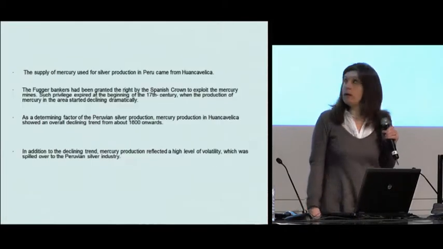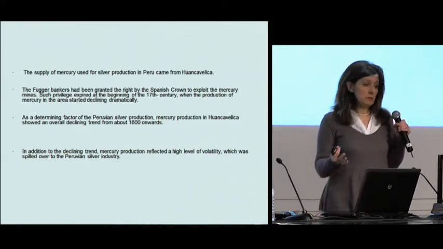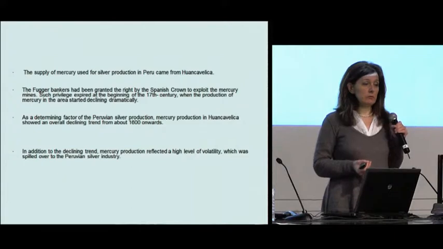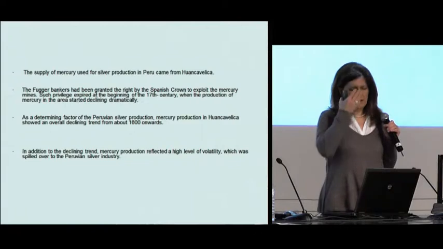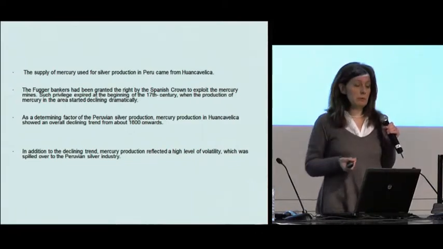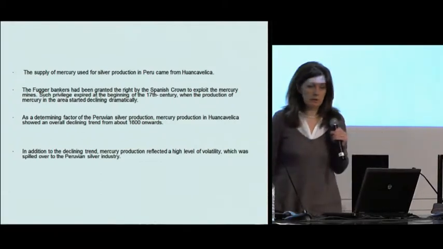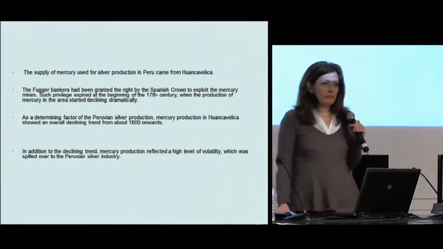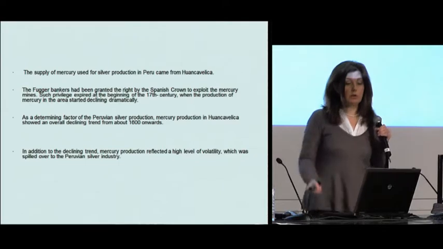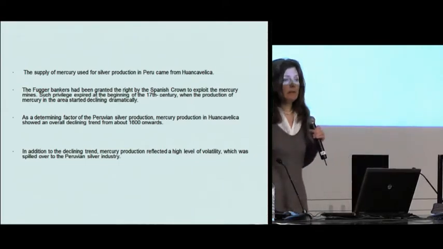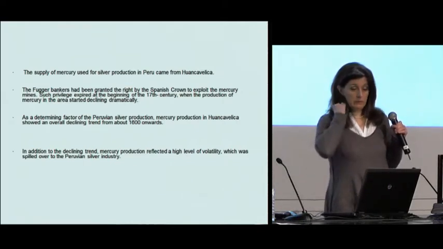Now labor was an important factor of production when we talk about mining, and another very important input was quicksilver or mercury, and that supply of mercury determined also the volumes of production of the mines. Yeah. The mercury in the two regions came from different places.